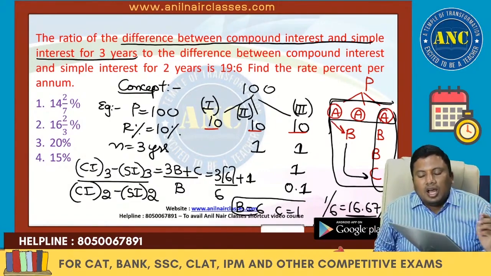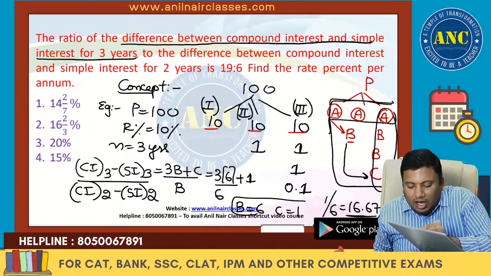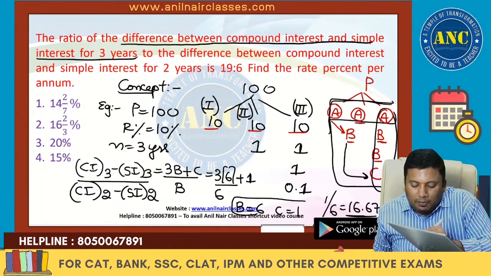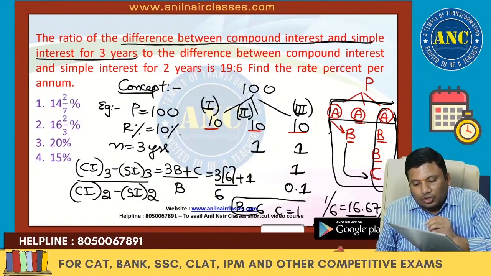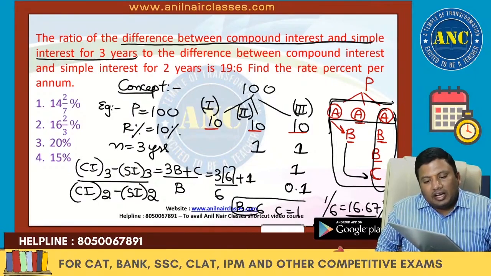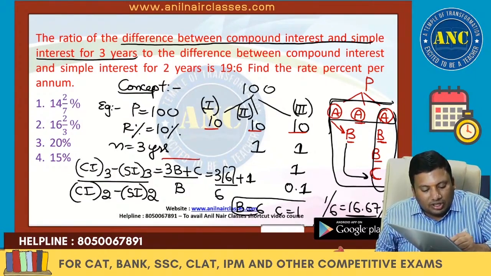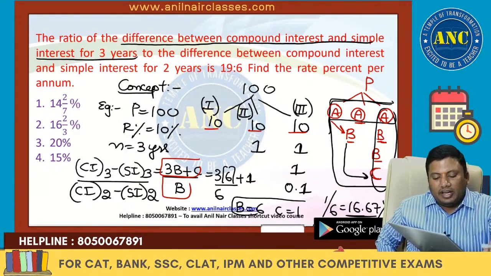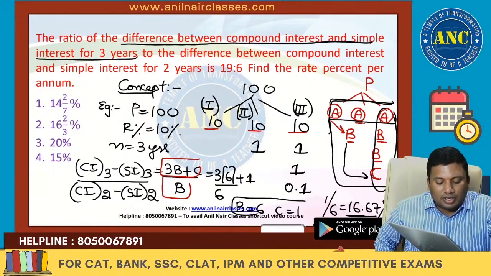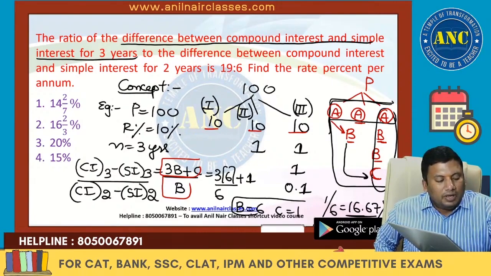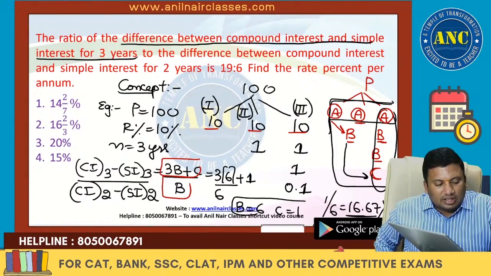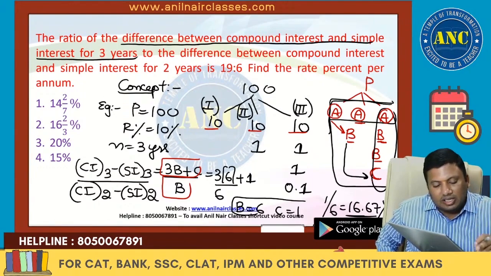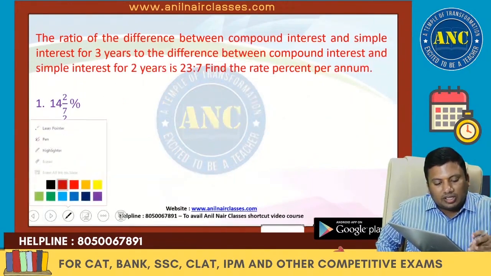Interest on interest: R percentage of A is B, R percentage of B is C. So, see, the difference between CI and SI for 3 years is nothing but 3B plus C. For 2 years it is nothing but B. 3B plus C divided by B. B is nothing but 6, C is nothing but 1. 1 on 6 is nothing but 16.67 percentage.